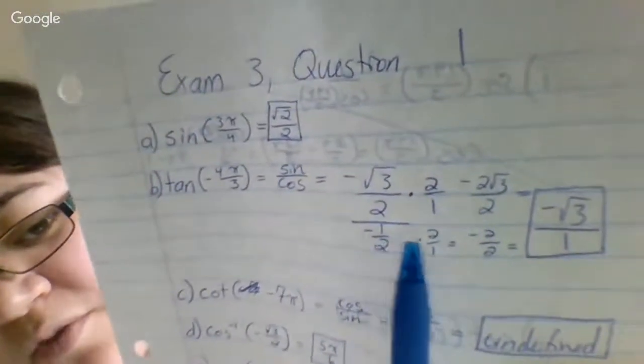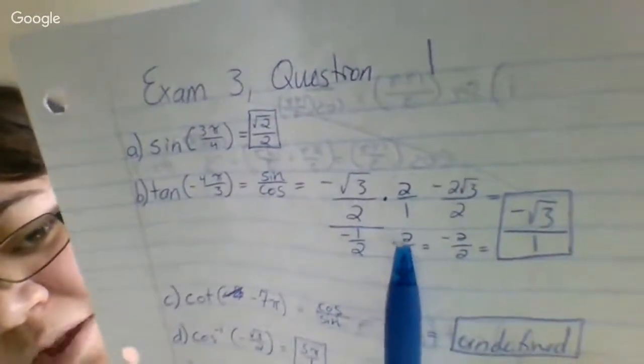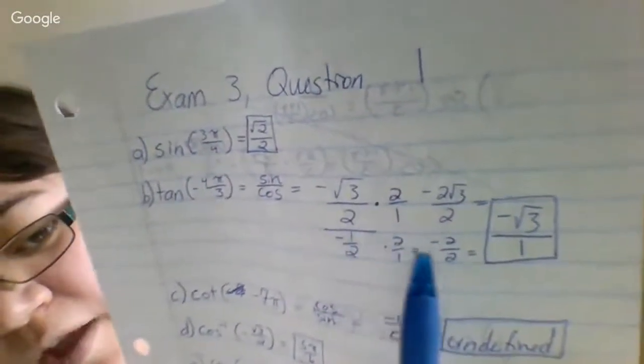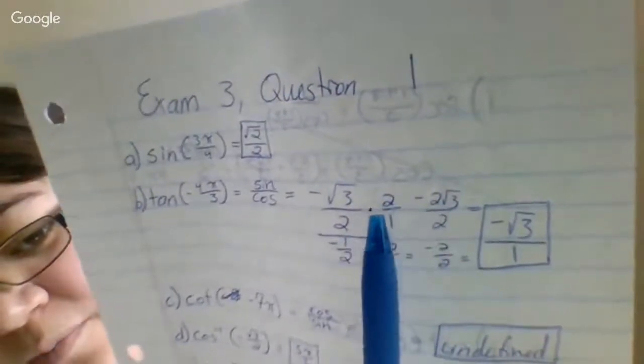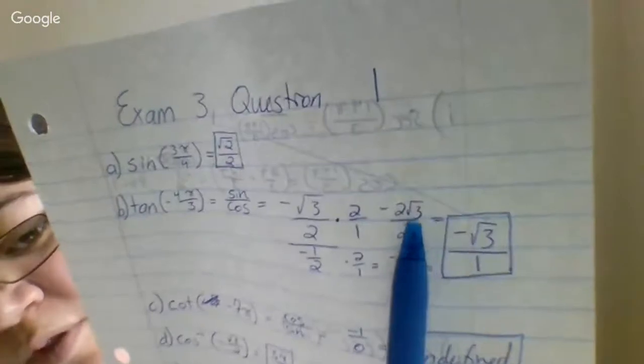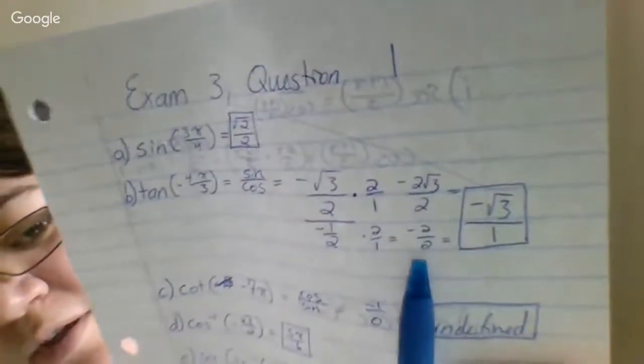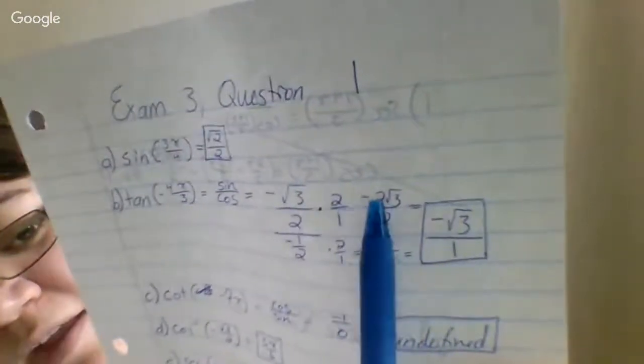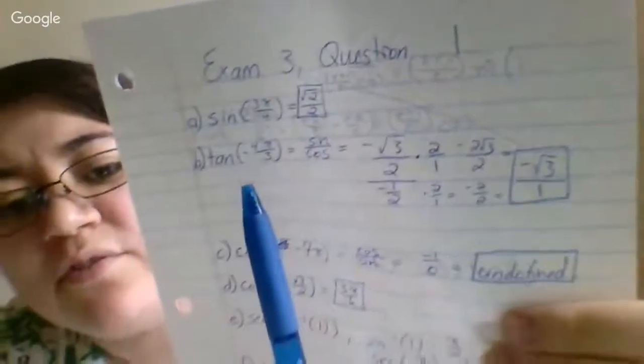And we're going to simplify those. I simplified them by multiplying them by 2, and having the 2's cancel out. So here I multiplied it by 2, negative 2 over 2 with the square root of 3 in the numerator, negative 2 over 2 equals 1. So then that gave me negative square root of 3 over 1. And that was the solution for B.